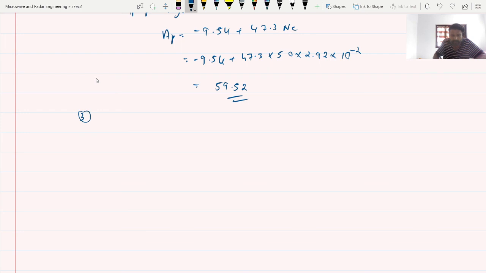And the third one is the four propagation constants.